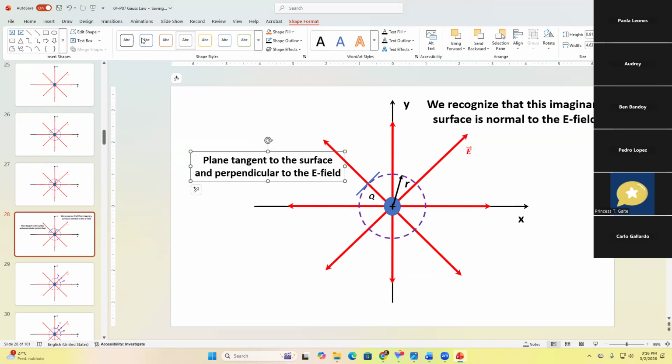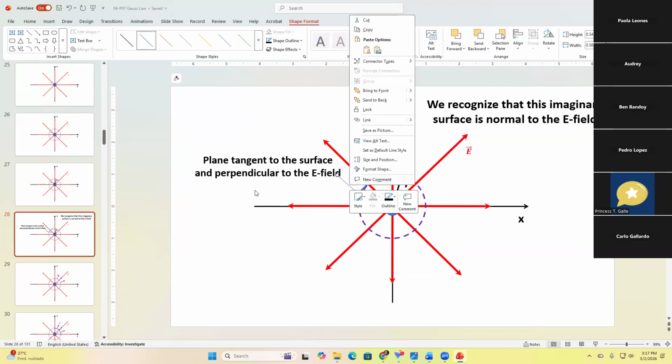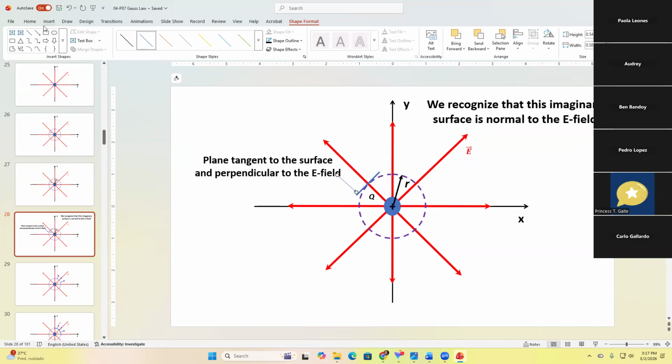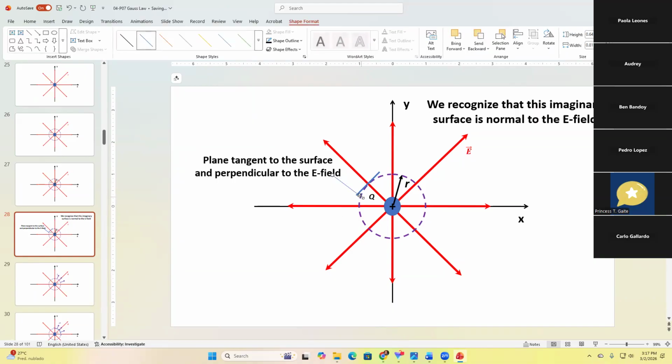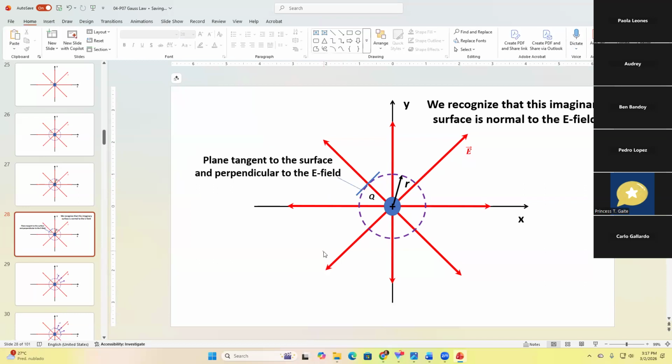Plane tangent to the surface, to the imaginary surface. Plane tangent to the surface, perpendicular to the E field.